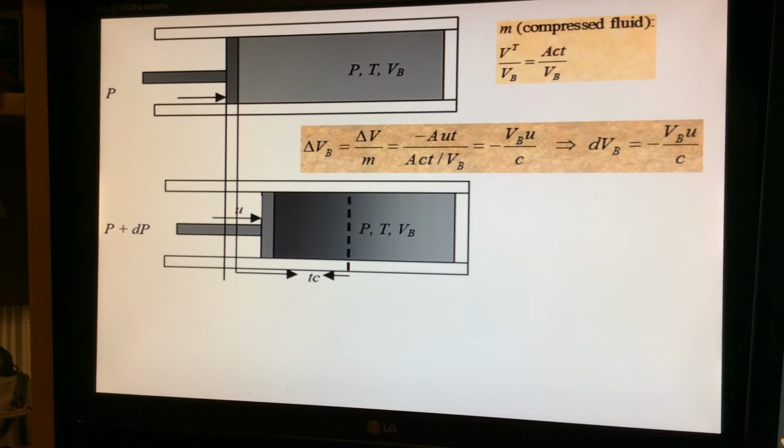Then the change in the specific volume as a result of the compression process is simply delta V over M. This delta V is the change in the specific volume. This is supposed to be a V_B there as well. So you have the change in volume divided by mass.